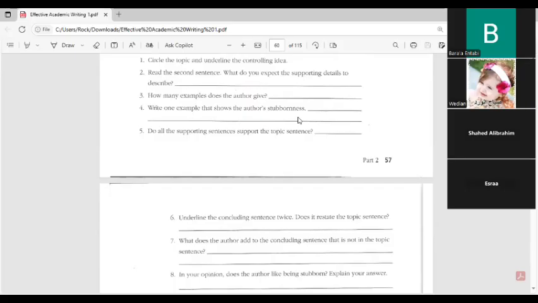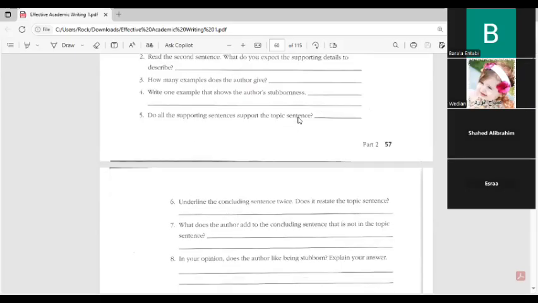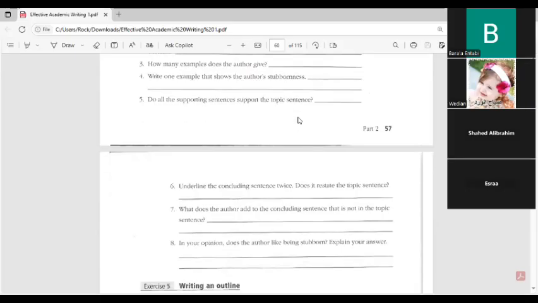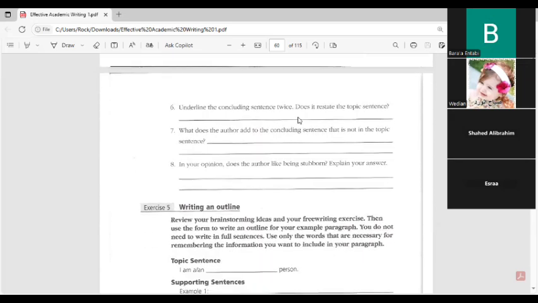She has already added three examples, so you can choose one of them. Do all supporting sentences support the topic sentence? Yes, for sure, excellent.